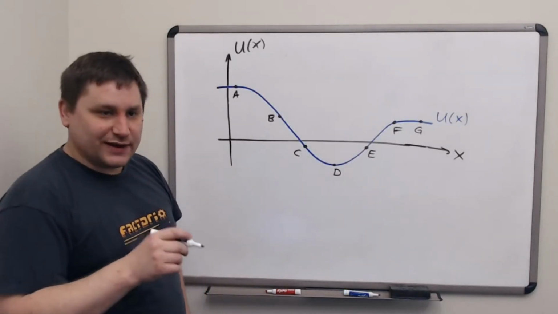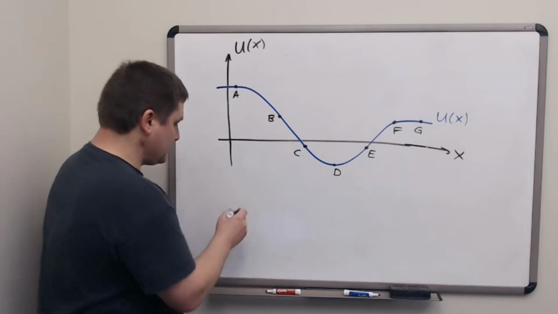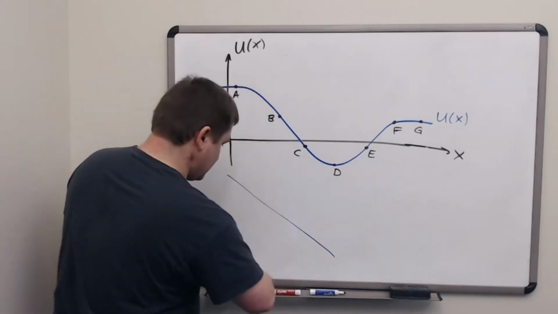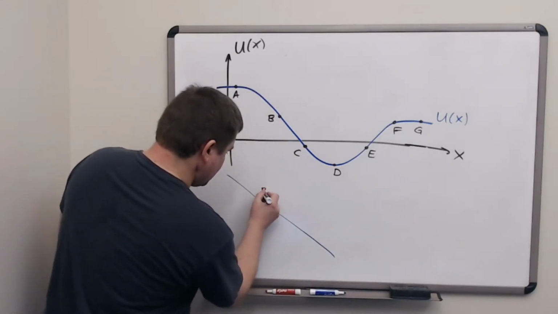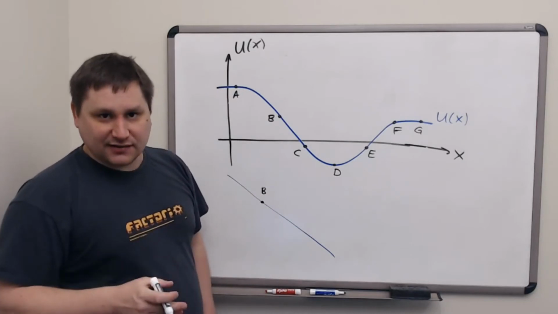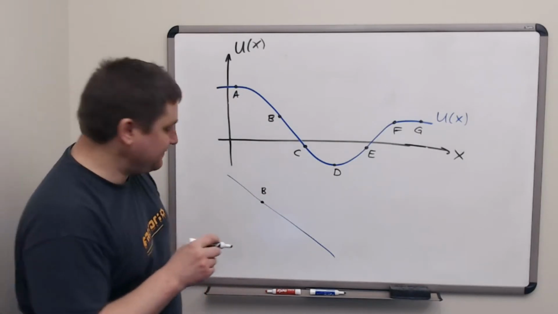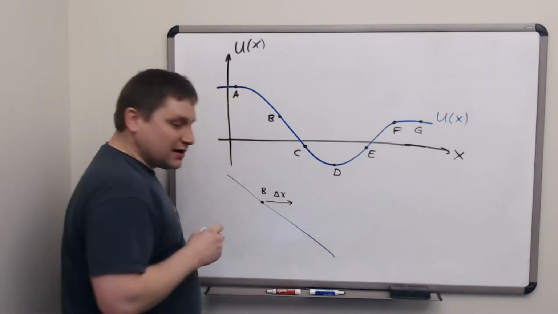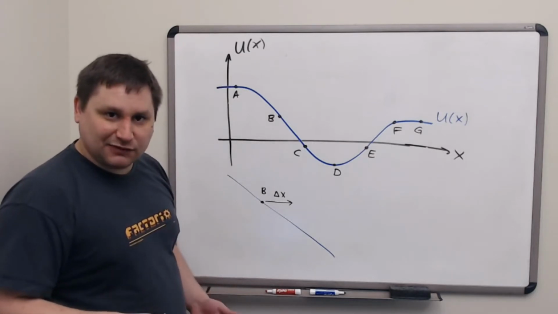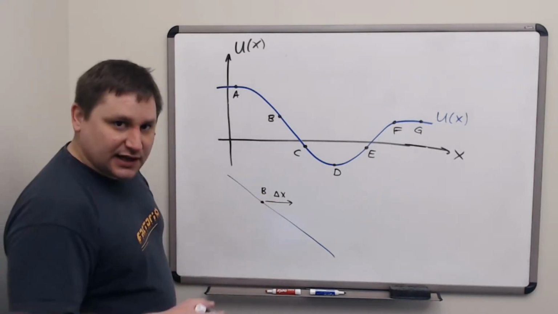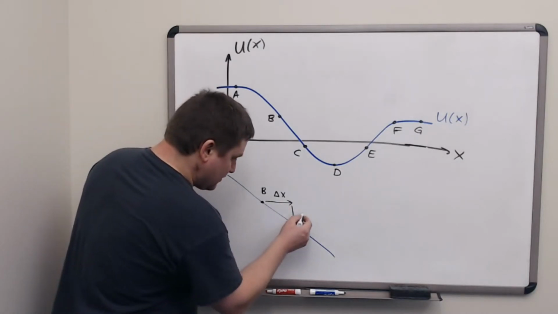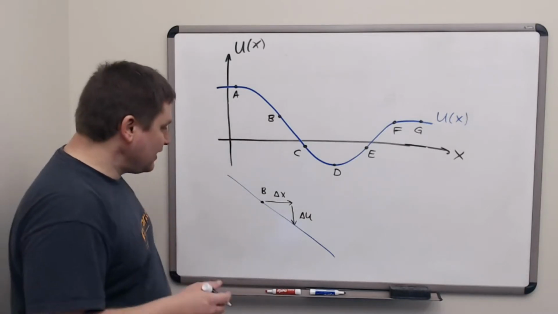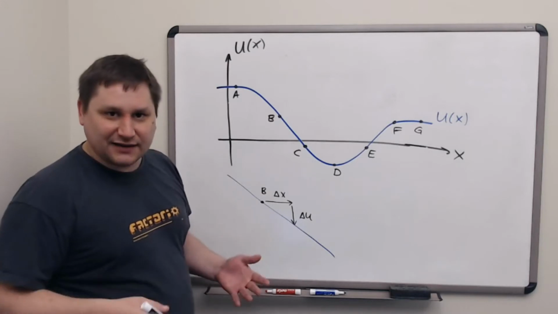Suppose for the moment we zoom in on location B. And imagine an object released from rest at location B. If the object begins to move and covers a small displacement to the right of delta x, it will also experience a small change in its potential energy, delta U. Let's see if these two quantities are related in some way.